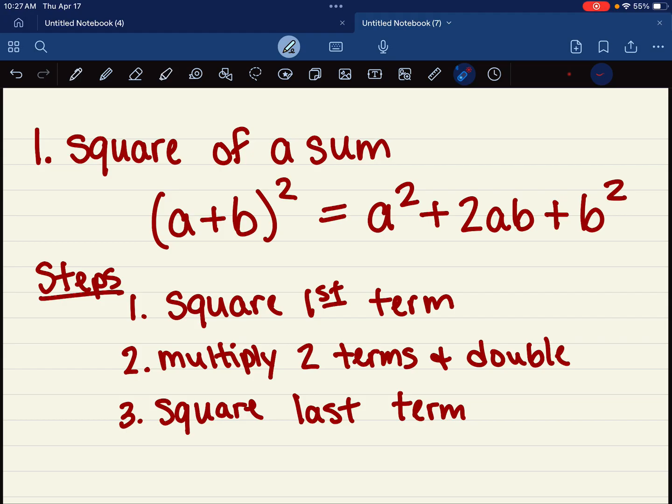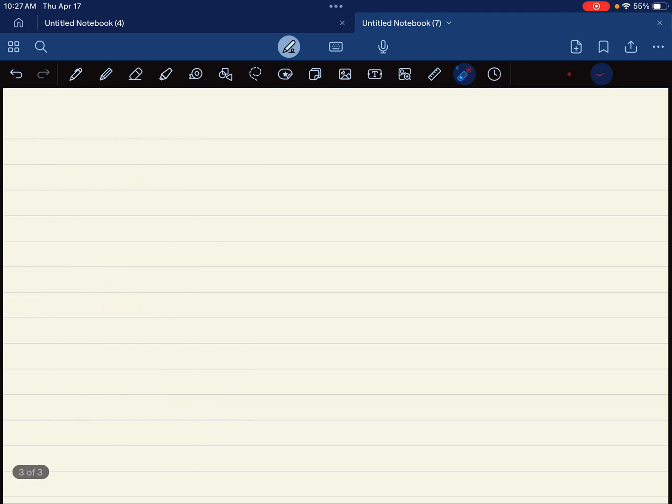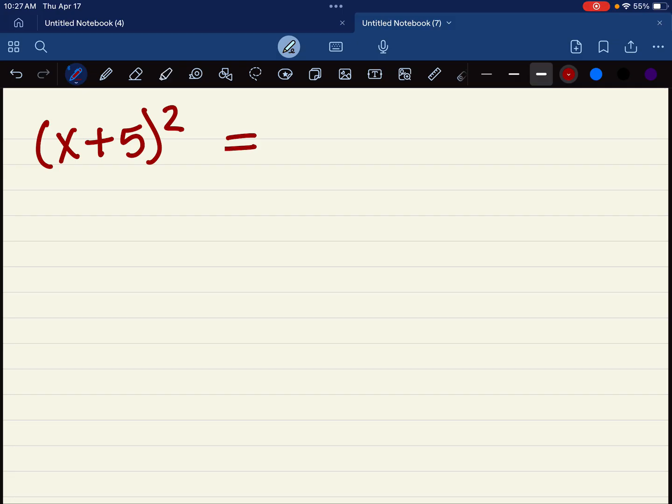Okay, so let's look at a couple examples of that. We'll see if it clears anything up or not. Who knows? My first step is to square my first term. If I square this, what would that give me? X times x is x squared. My second step is to multiply the 2 together.